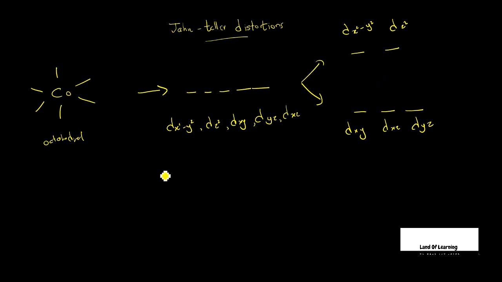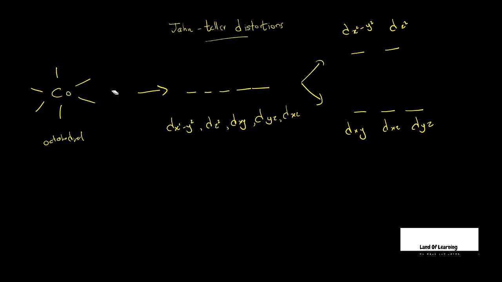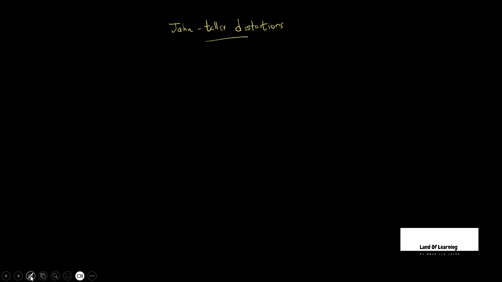Okay, so now what is the Jahn-Teller distortion? Let me take an example and explain it to you. There are two types of Jahn-Teller distortion.